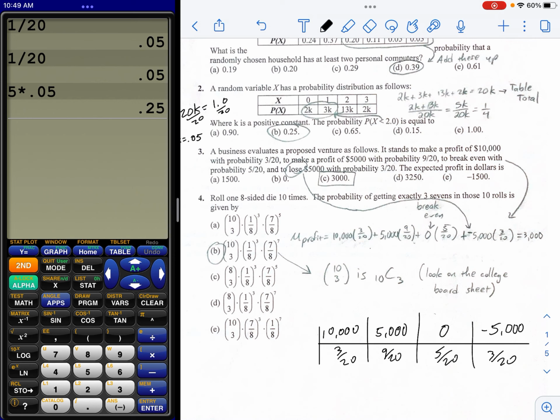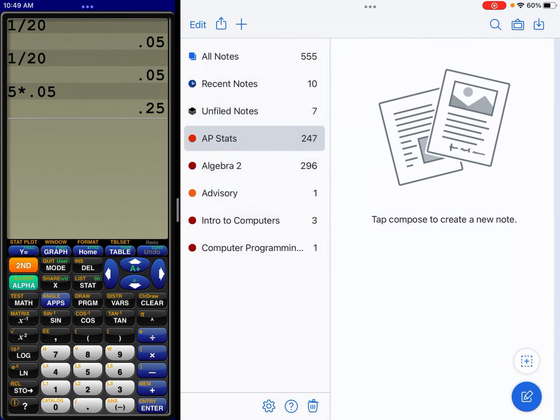Now, what are we asked to do? Expected profit is average, so that's when you take 10,000 times 3/20ths, multiply that, then the next one, multiply those, and add them all up. And that's what I've got written up here. I just make sure that 5,000 is negative. This process is on the College Board sheet.